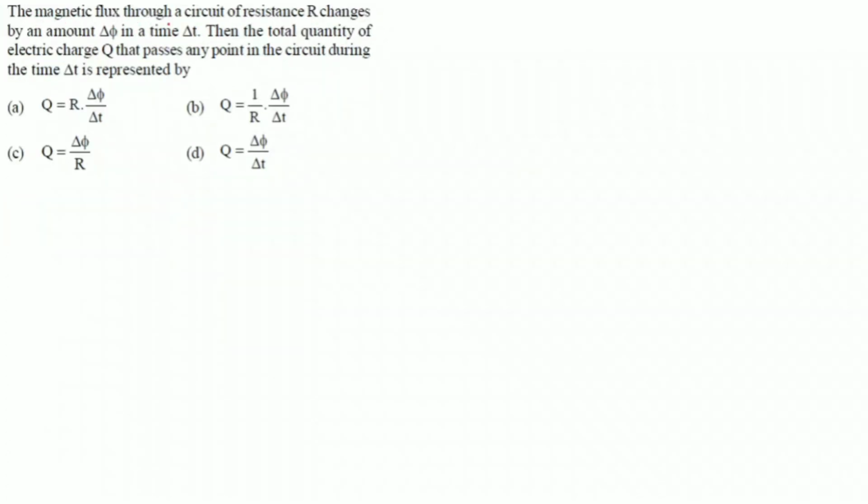The magnetic flux through a circuit of resistance R changes by an amount ΔΦ in a time Δt. Then the total quantity of electric charge Q that passes any point in the circuit during the time Δt is represented by? See here, we have two equations.